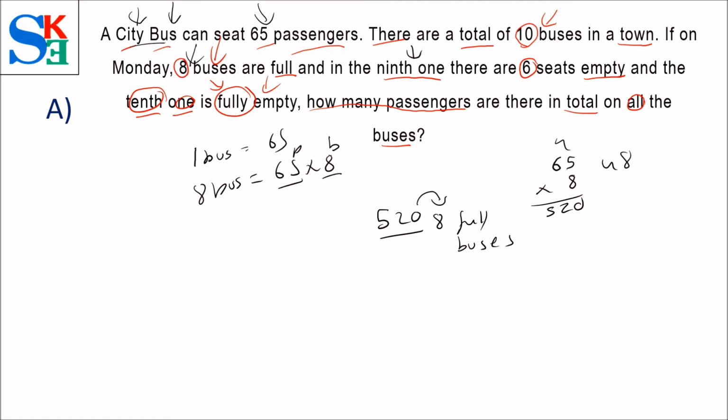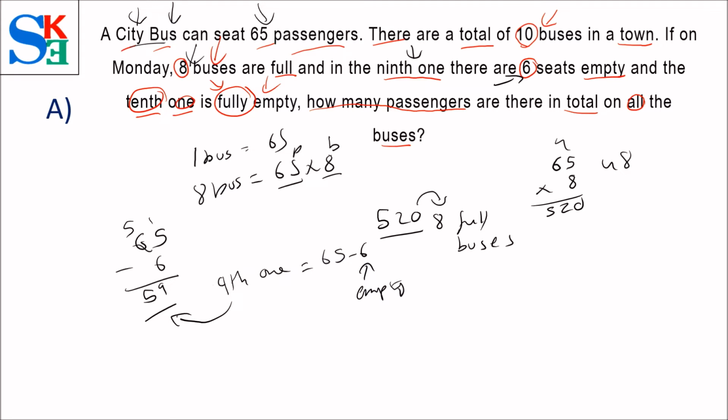Now it is saying in the ninth one there are 6 seats empty. What did I say? I said that in the ninth one it would be 65 minus 6. Why? There are 6 seats empty. That means there are 6 less people on the bus. So 65 minus 6 is equal to 59. So we have 59 on the ninth one.